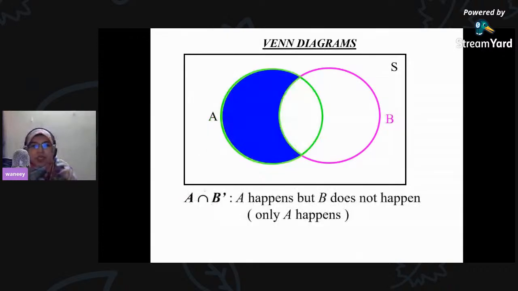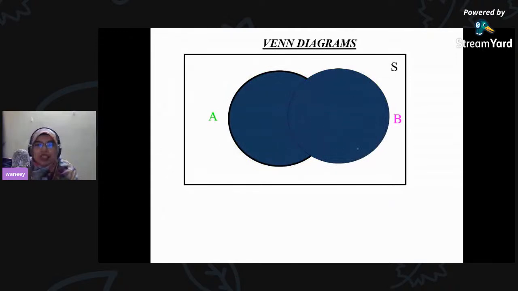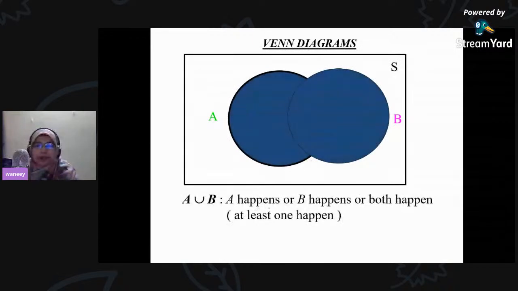A overlap B prime means A happens, however B does not happen. That is the reason we have B complement there. A must happen and at the same time B cannot happen, so only A happens. Next, this is A union B: A happens, or B happens, or both happen.